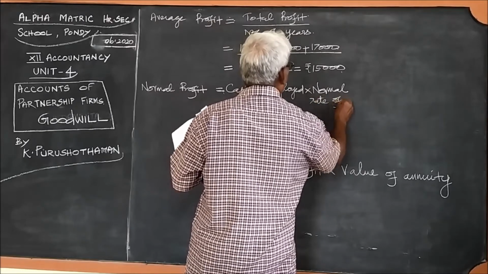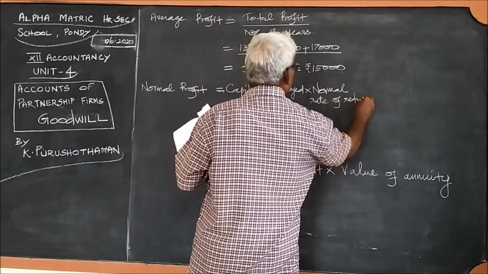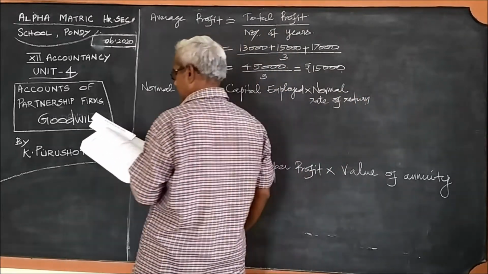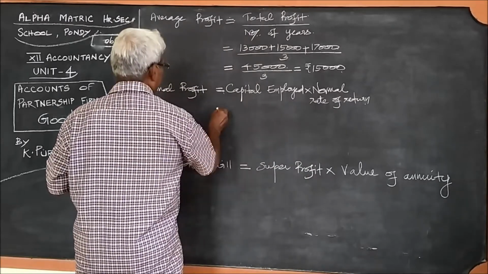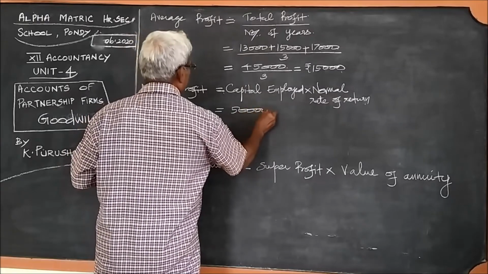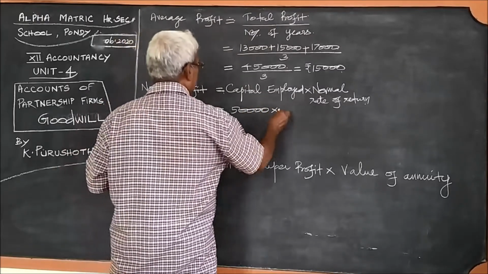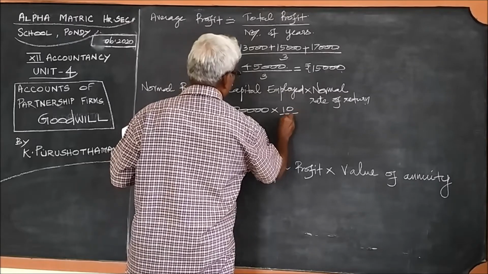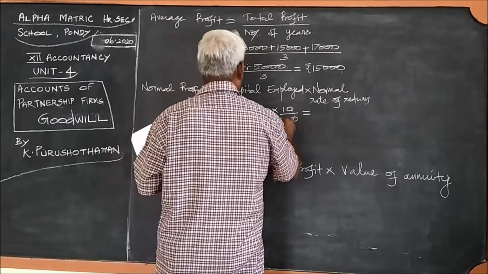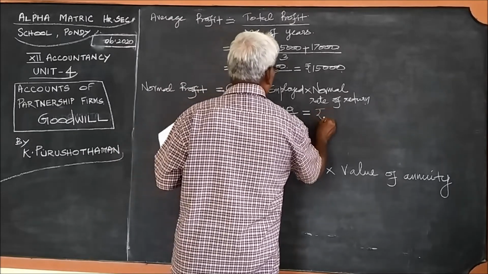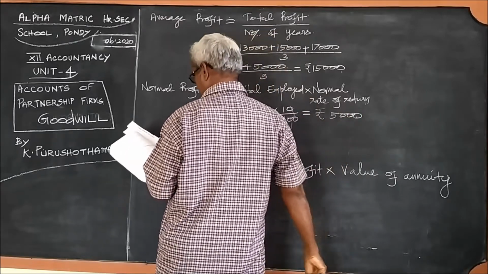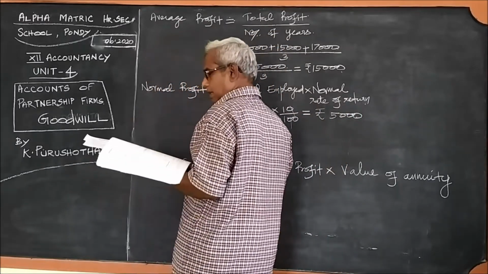What is the amount of capital employed? The capital employed is 50,000 into normal rate of return 10%, that is 10 by 100, which is equal to 5,000.